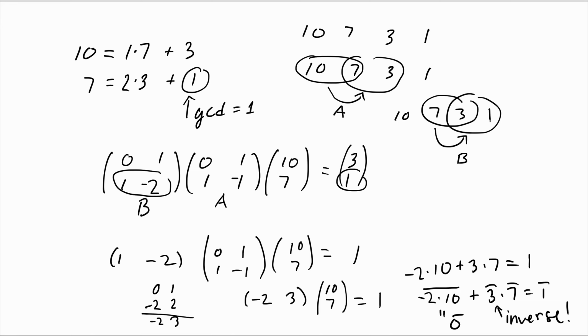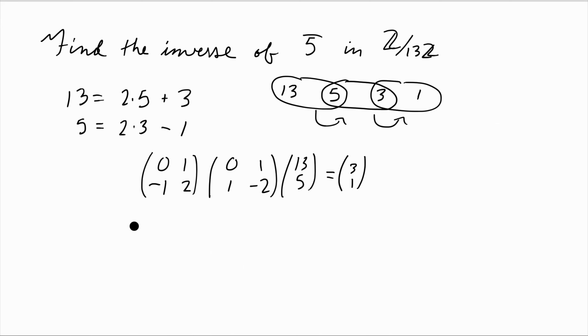Okay, we can practice this again here. Let's find the inverse of, for instance, 5 bar in Z mod 13Z. So we can go ahead and work out this computation right here. We have our matrices from our quotients here, and again we're just looking for the bottom row.